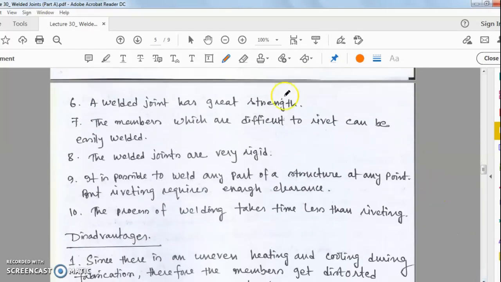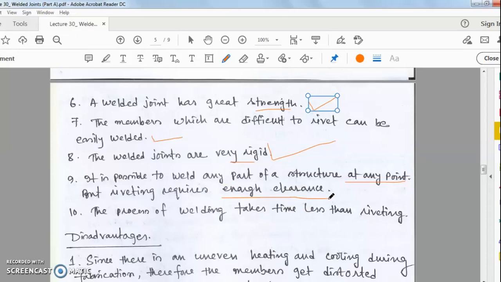A welded joint has great strength. The members which are difficult to rivet can be easily welded. The welded joints are very rigid. It is possible to weld any part of a structure at any point, but riveting requires enough clearance.